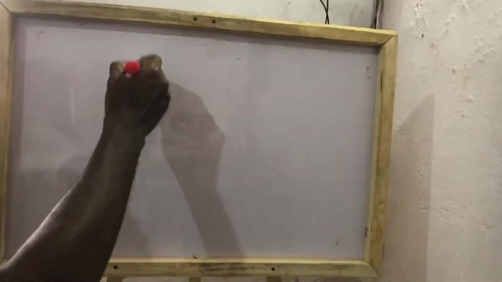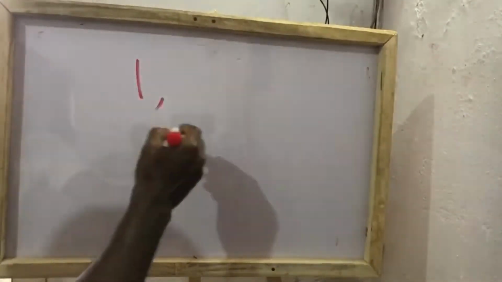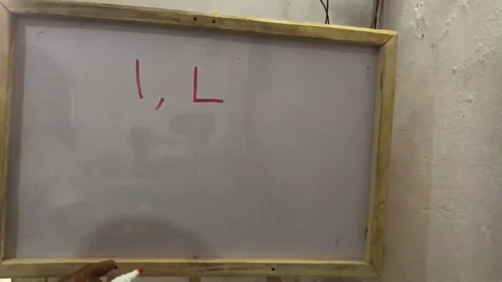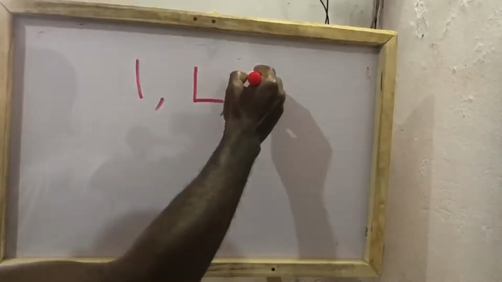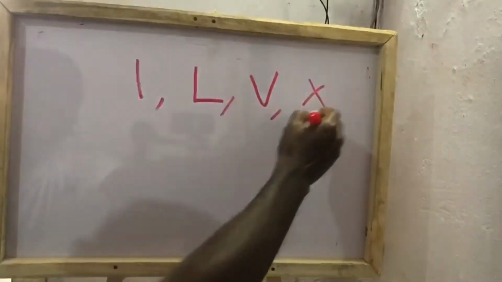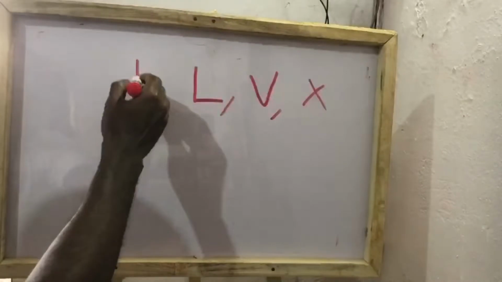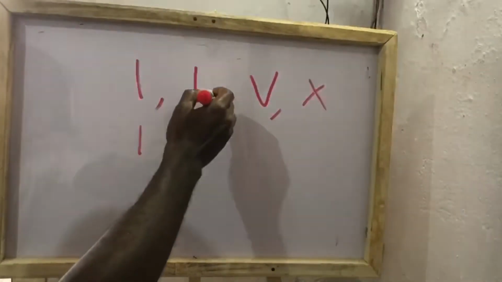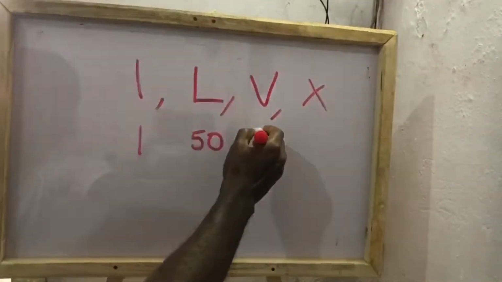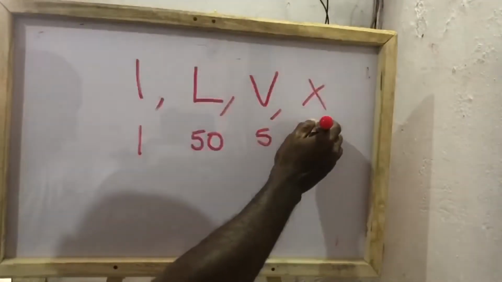Now, before I proceed, there are basic Roman numerals that we need to know, which is I, L, V, X. Now this I represents 1, this L represents 50, this V represents 5, this X represents 10.